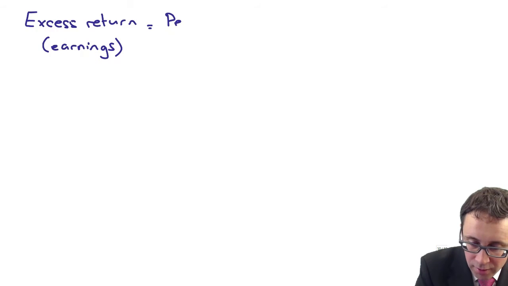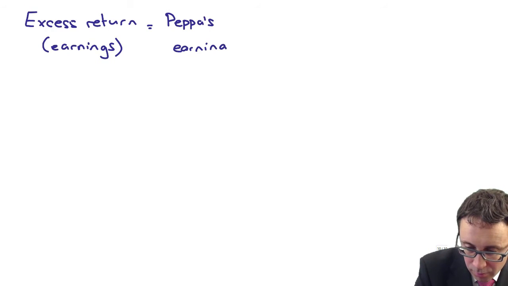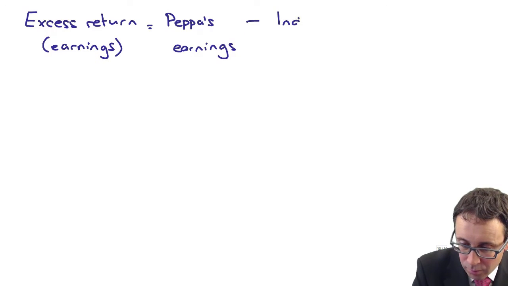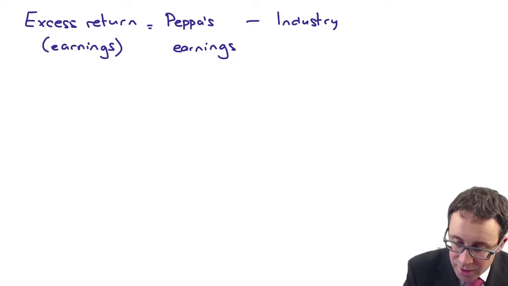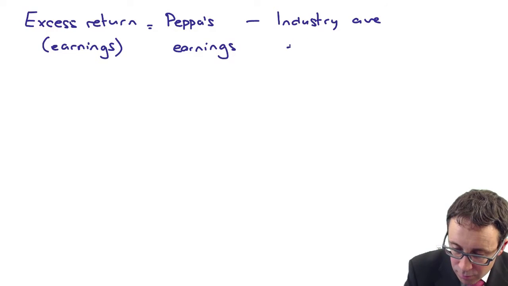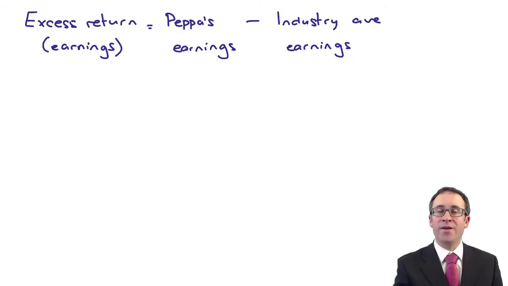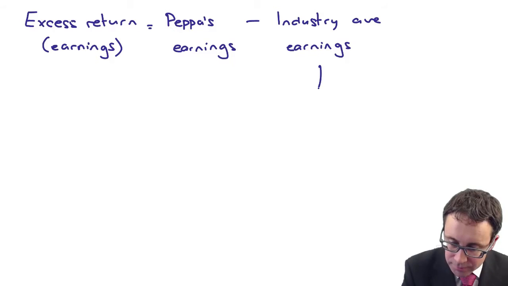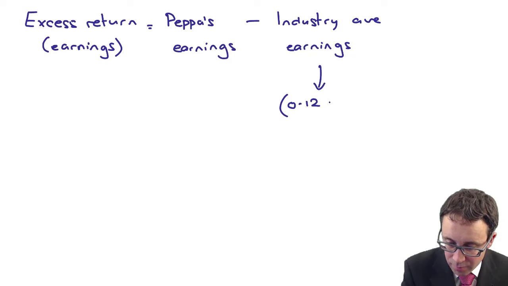Well, we need to look at Pepper's earnings, and then compare that to the industry average earnings if the industry was using our assets. The industry is returning 12%.